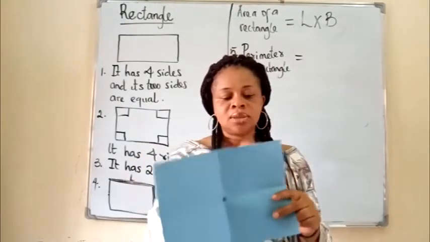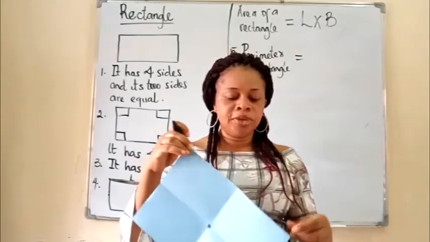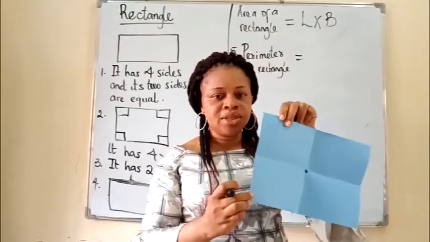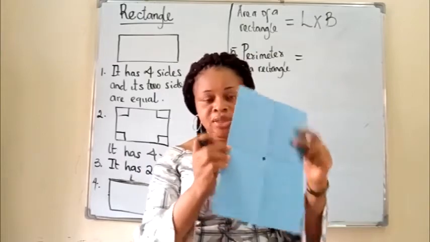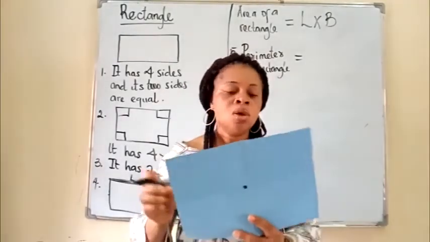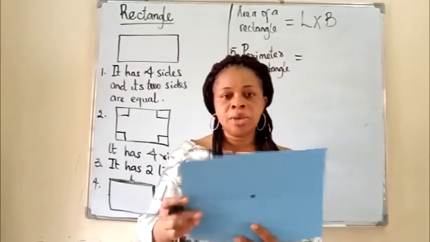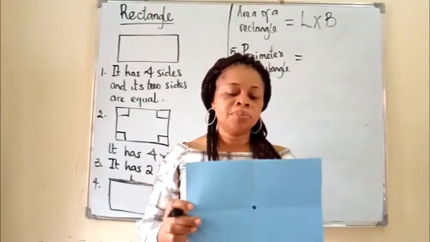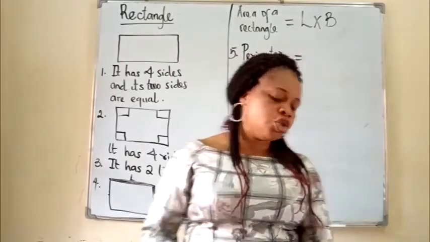If when you measure this, it gives you 5 centimeters, for example, and here gives you 3 centimeters, here, because here is equal to here, here is also 5 centimeters, and because here is equal to this place, it is also 3 centimeters. When you add up all the measurements you took to get the shape, that gives you the perimeter. Perimeter is the total distance around a shape.